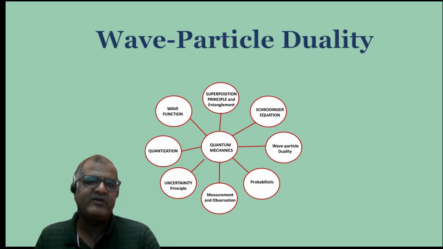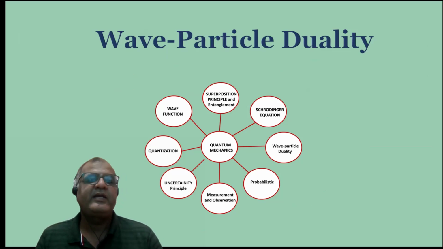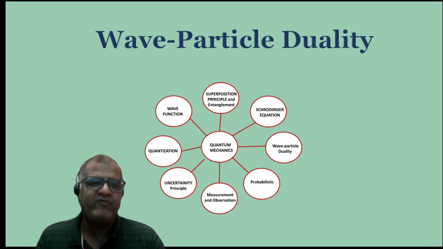There are other differences, like wave particle duality. In classical mechanics, wave and particle are totally different entities, while in quantum mechanics, it is not like that. Small particles like electrons can show interference, which is a property generally associated with waves. Small particles like electrons, or even photons, can give you wave effects.